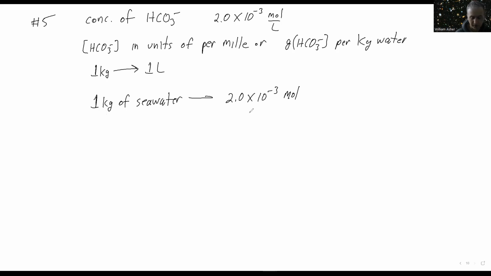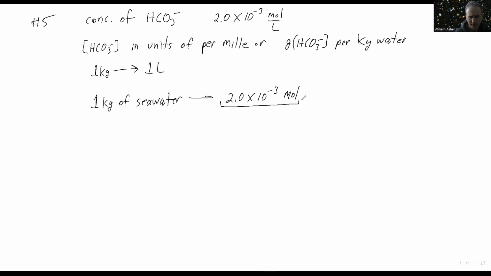So that means that a kilogram of seawater has 2.0 times 10 to the minus 3 moles of bicarbonate, right? So now we have to figure out how many grams of bicarbonate this represents. And then we'll have our answer in per mil, right?